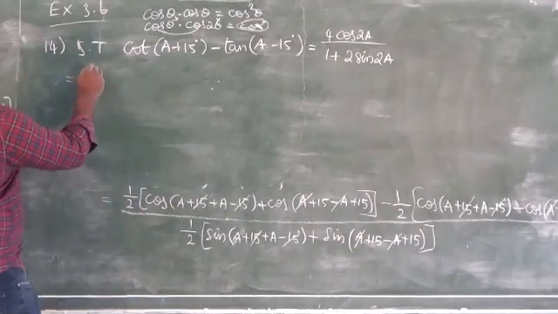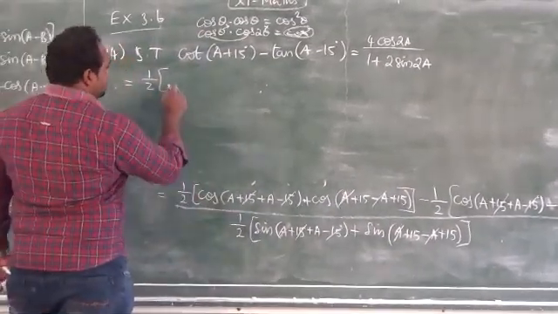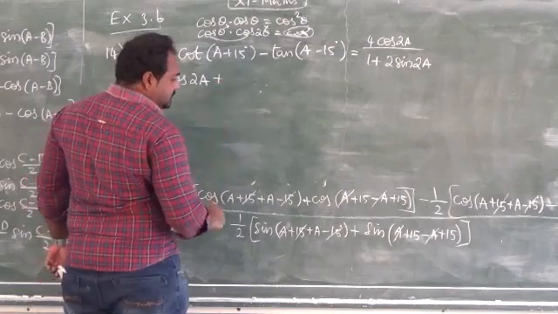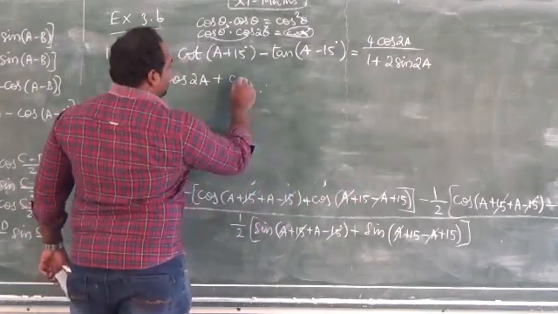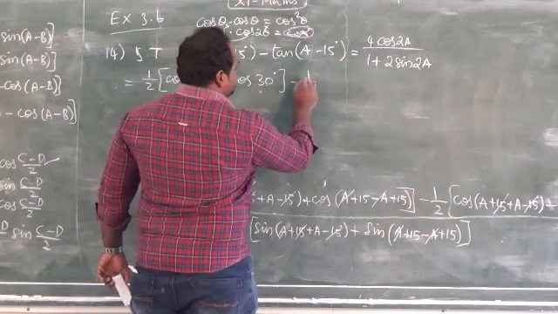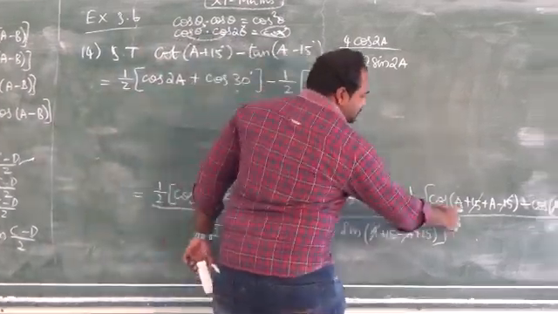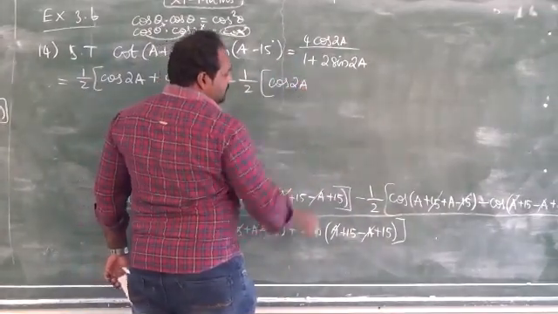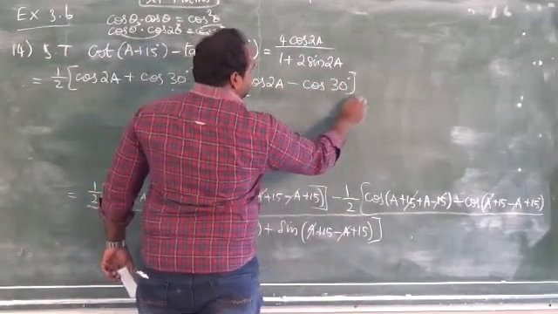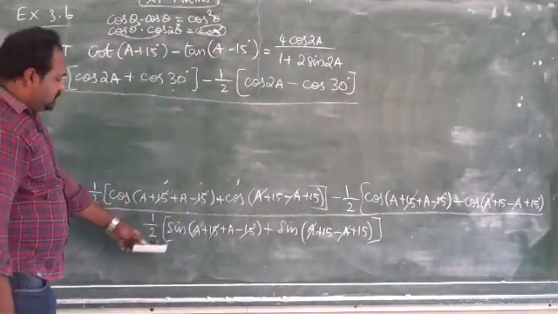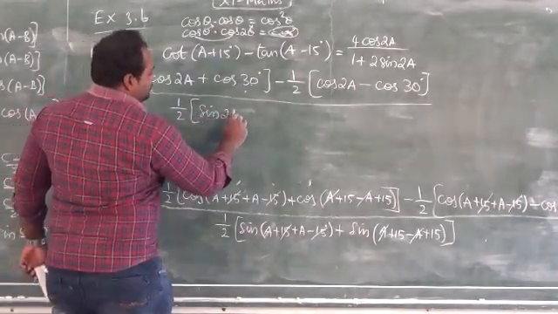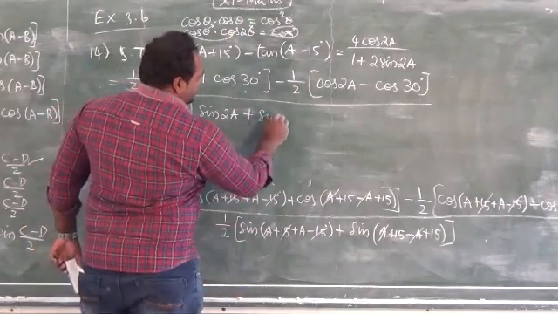So remaining 1 by 2 cos 2a plus cos 15 plus 15, cos 30, minus 1 by 2 cos 2a, then minus cos 30, whole divided by 1 by 2 sin 2a plus sin 30.